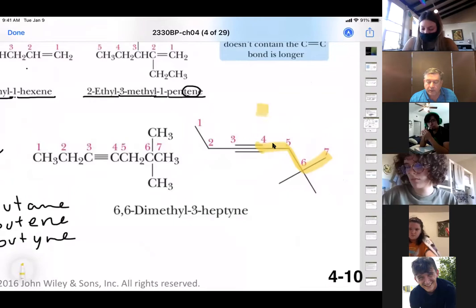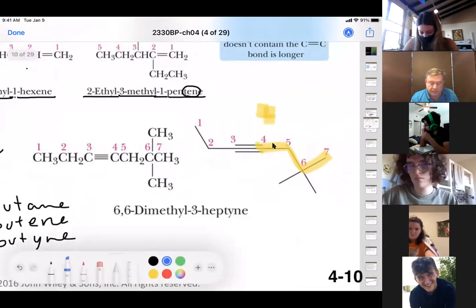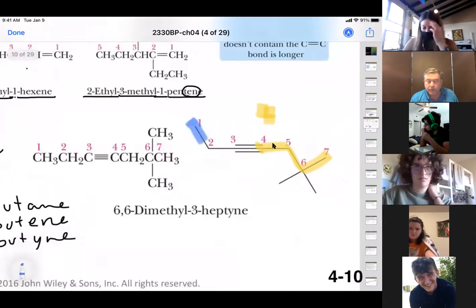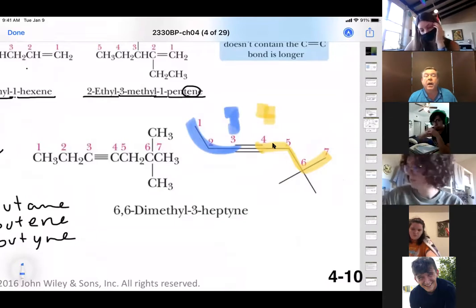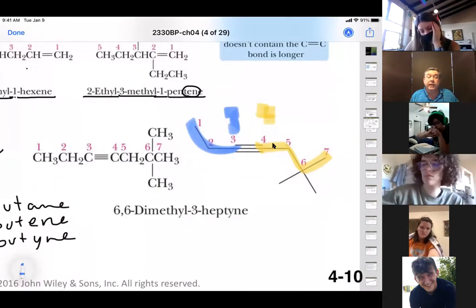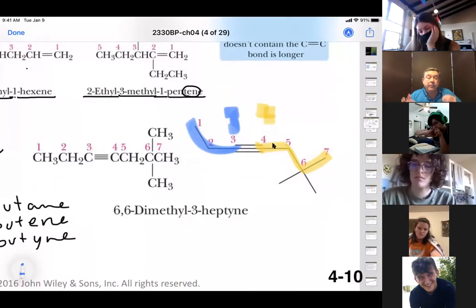So that would put our alkyne at a 4, okay? So if I go from the other side with blue, we have 1, 2, 3. So this means from this side over, our alkyne begins on a 3. So that's why, because you have to have your alkyne or alkene start on the lowest number possible, we have to number from this blue side, this side over here.